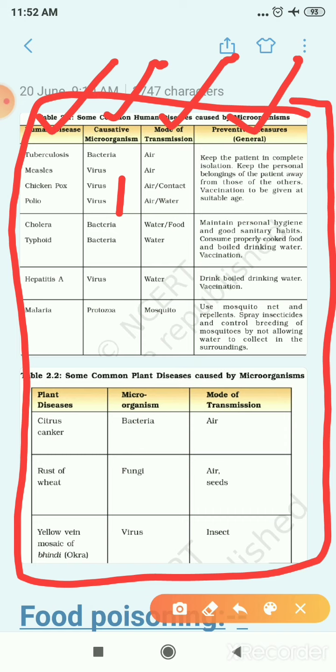What is the preventive measure? Keep the patient in complete isolation. Keep the personal belongings of the patient away from those of the others. If anybody is suffering from tuberculosis, measles, chickenpox and polio, you have to completely isolate the infected person from healthy persons.